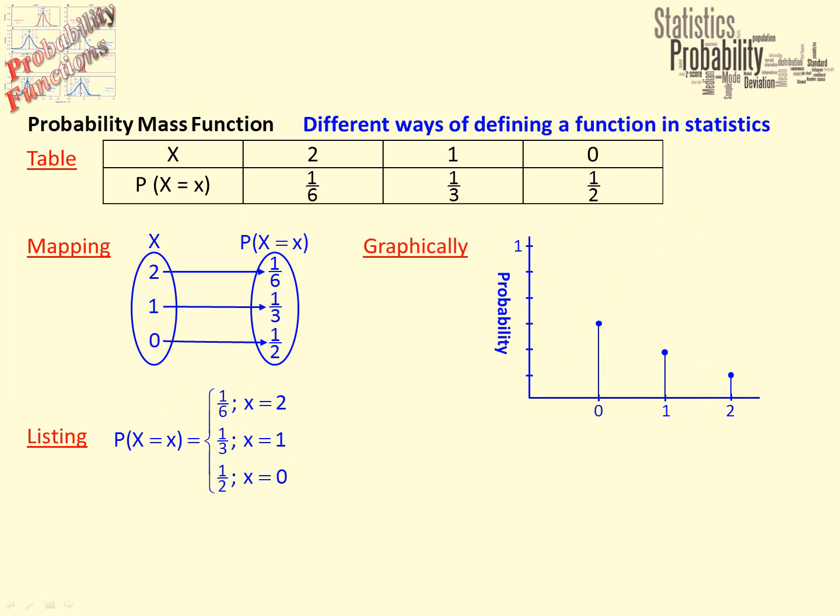We can do it as a listing, and that's okay to do here because it is discrete. There's a finite number of outcomes. And we can do it as an algebraic expression, which is used more often for when they're not discrete, when we have the probability density function.